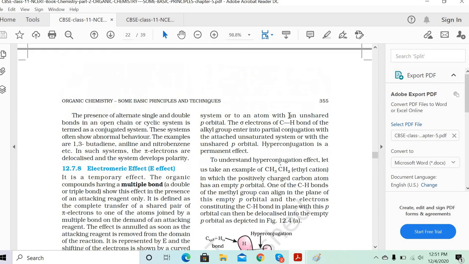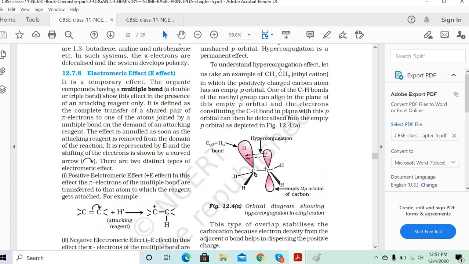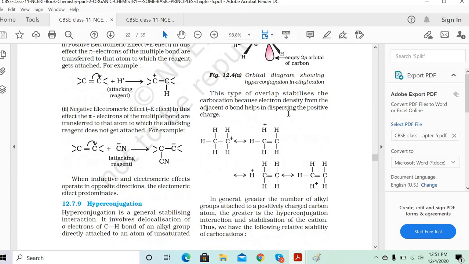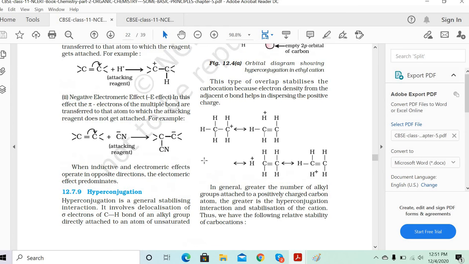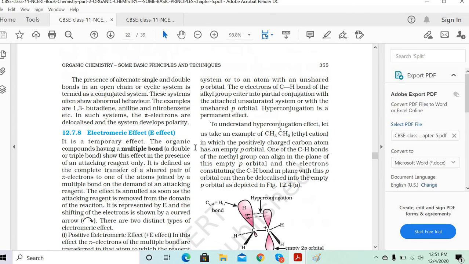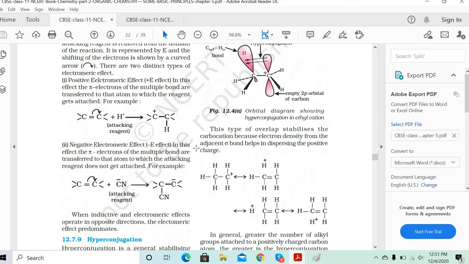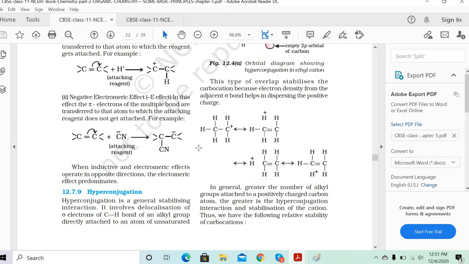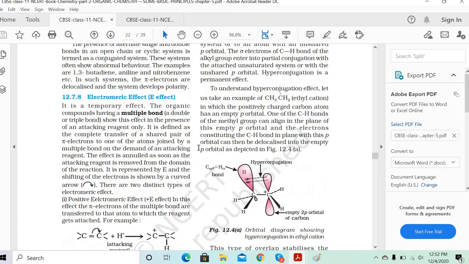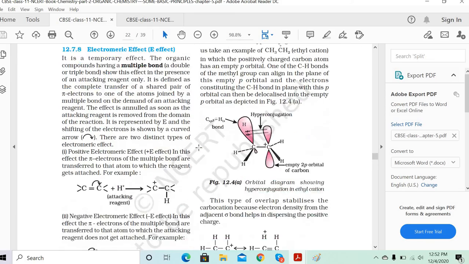So what we are saying here is, whenever it is a hyperconjugation case, a delocalization of the sigma electrons, that means single bond electrons, will happen for the CH bond which is directly attached to the unsaturated carbon atom. That means it is connected to the second carbon atom, which forms a double bond with another carbon atom.